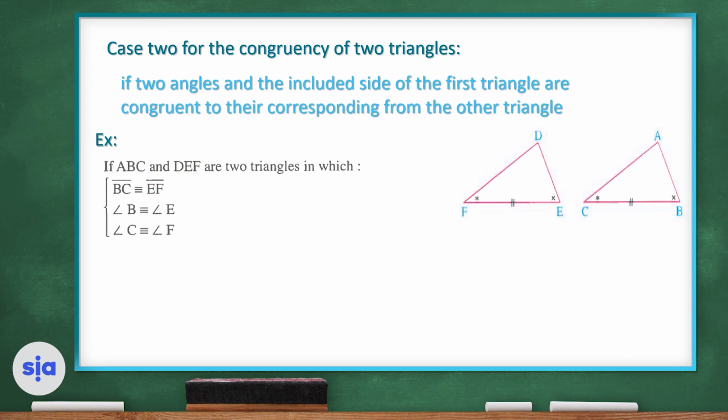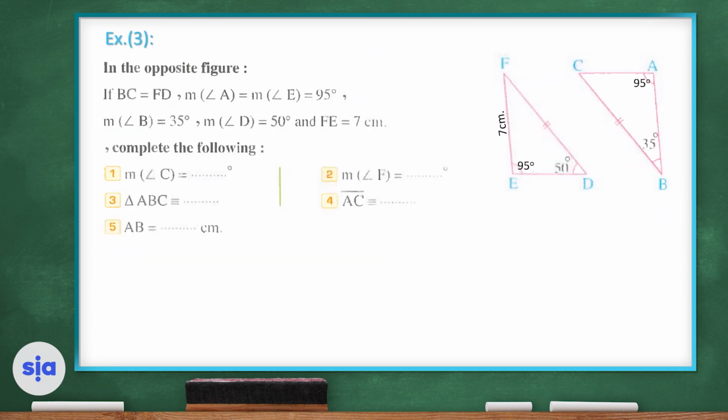FE is congruent to CB, then triangle ABC is congruent to triangle DEF. Therefore, DE is congruent to AB as sides, AC is congruent to DF, and the measure of angle A is congruent to the measure of angle D.